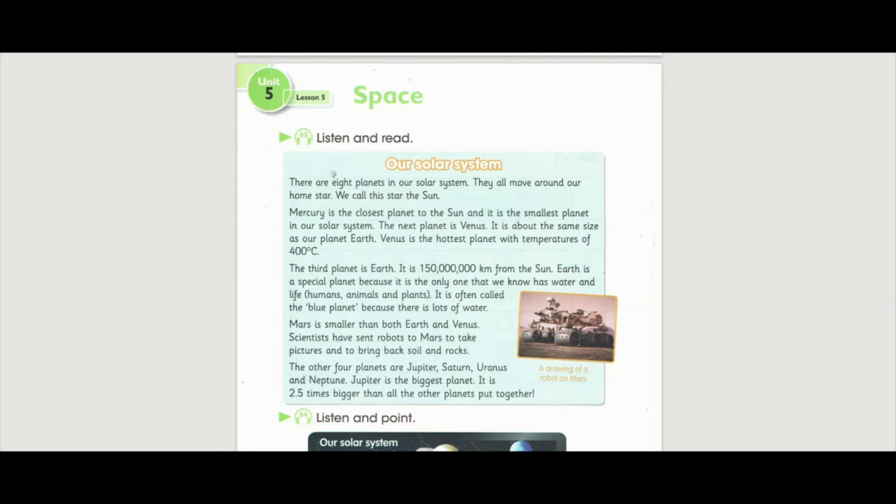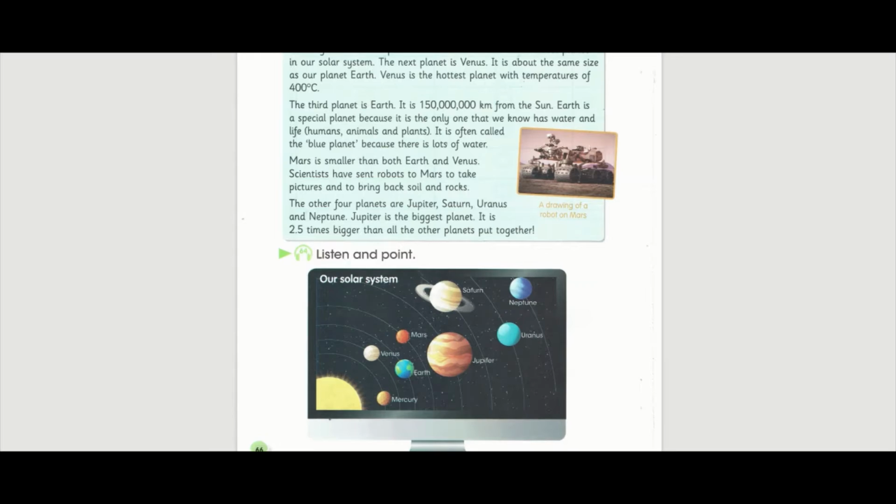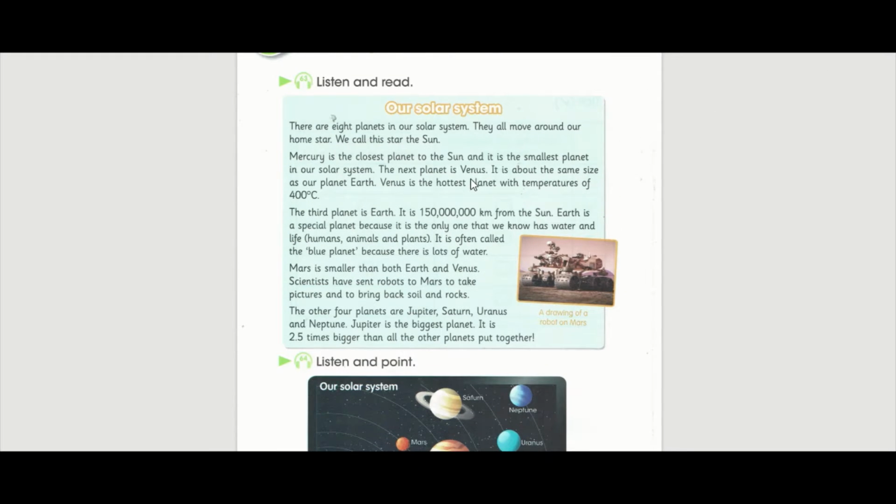Okay, as you can see here, the sun. Here is the sun, and all the planets are what? Moving around the sun. تدور حول الشمس. So, let's go back. Mercury is the closest planet to the sun, and it is the smallest planet in our solar system.